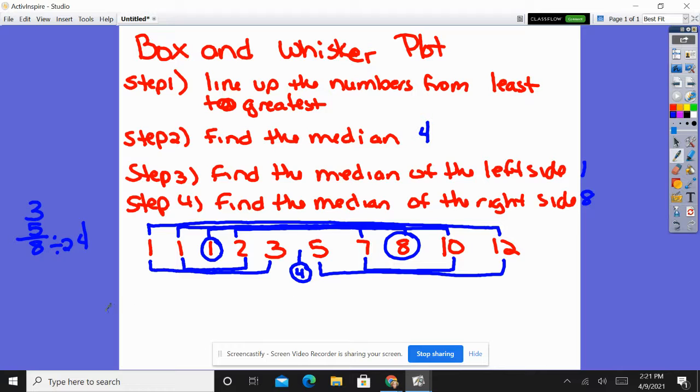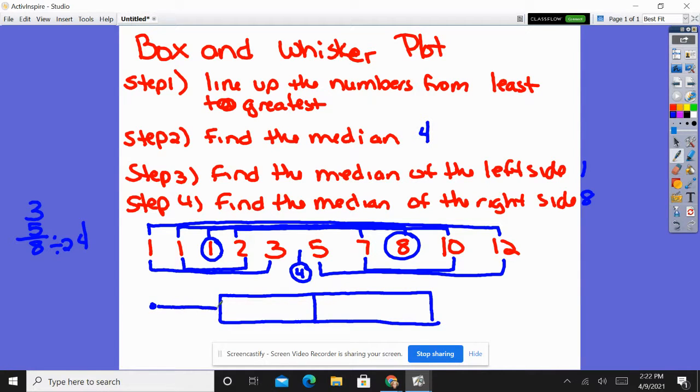So now I'm going to make my box and whisker plot. When I do that, I have a box, and you're going to see in a minute how we do this on a number line, but we have a box, we have a whisker, and we have another whisker. Now, the median on the left side goes right here.